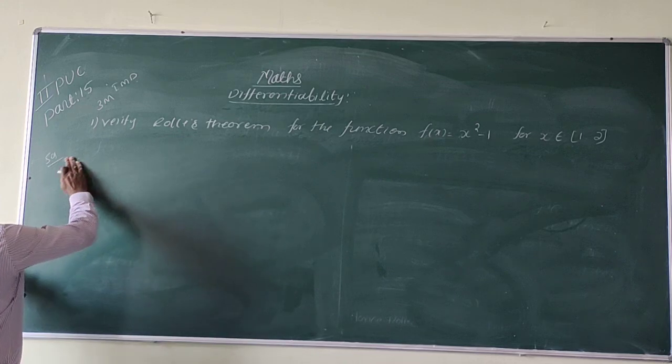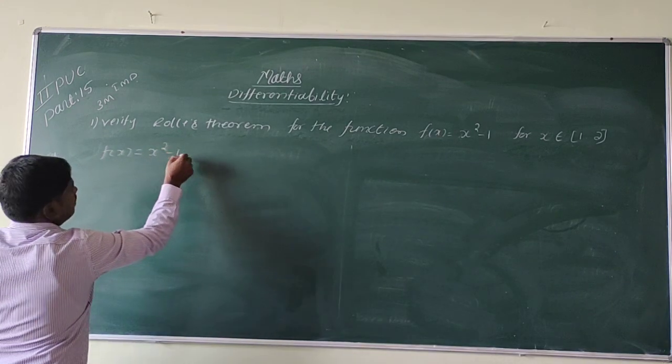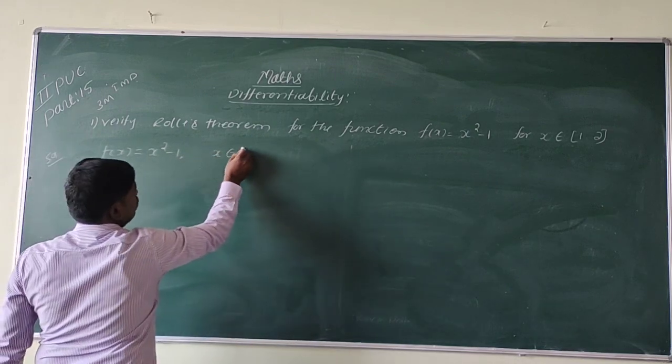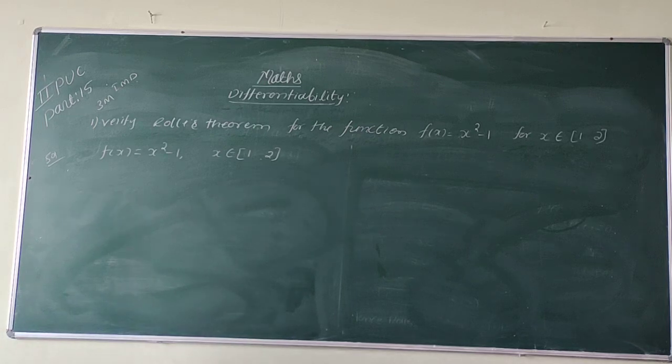Solution. So f of x is that is x square minus 1. So x belongs to 1 comma 2.